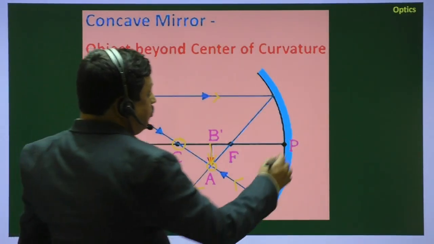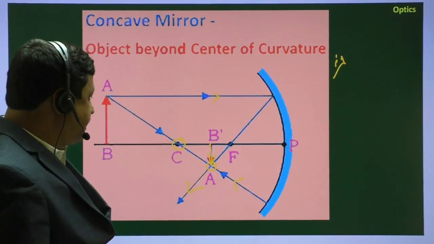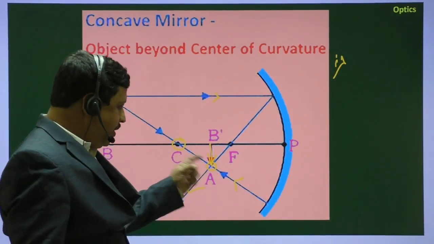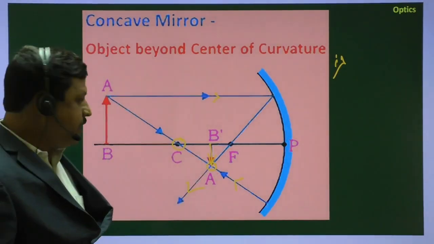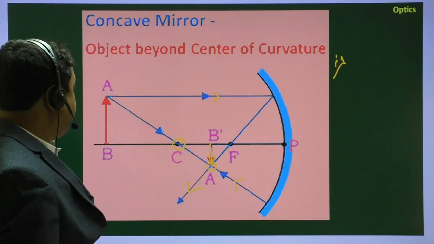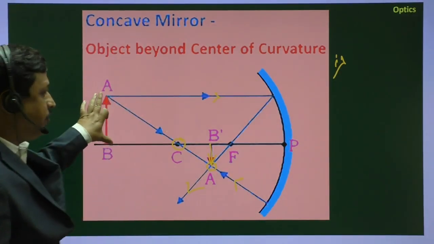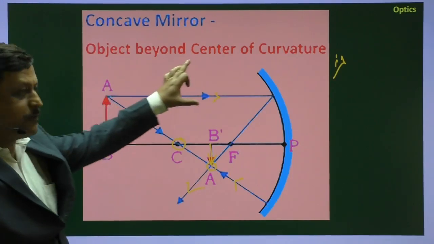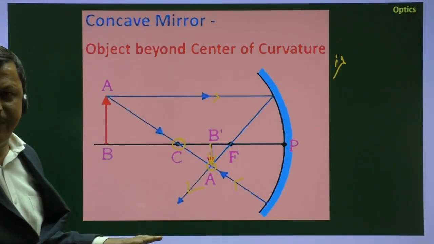So you have to write the characteristics of the image. First thing, the image is formed between the center of curvature and the focus point. That means if an object is placed beyond the center of curvature, then what is the position of the image?